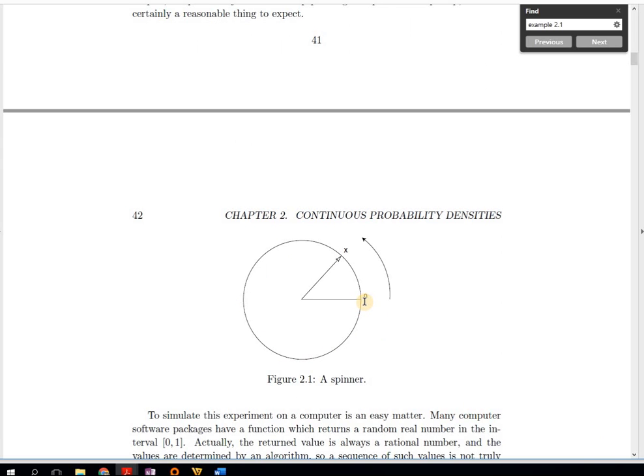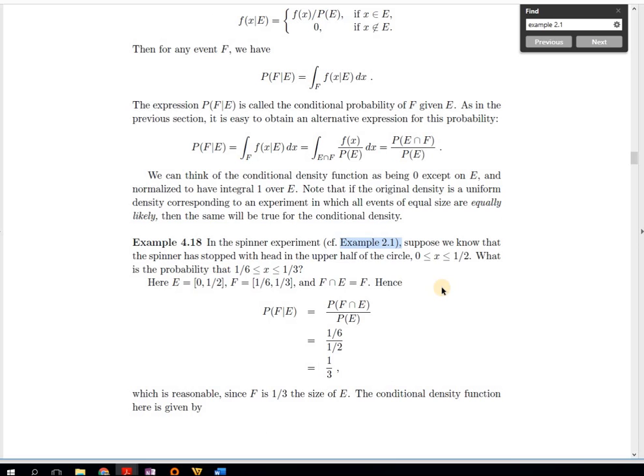Right? So we're looking at the event from 0 to 1/2, so that would be from 0 over to here. And as it discusses in the chapter, this x takes a uniform distribution on the entire circle. But if I know that I'm in the upper half plane, then that's restricting me to the upper half of the circle. Still uniform on that upper half, but it's more restricted. So if we return to the problem at hand, we have in mind that x is between 0 and 1/2. What's the probability that x is between 1/6 and 1/3?